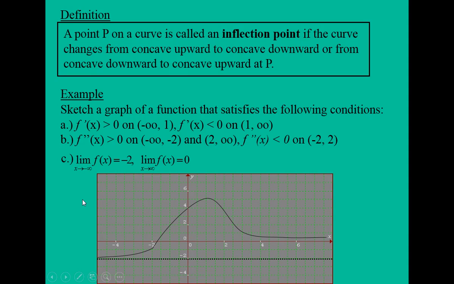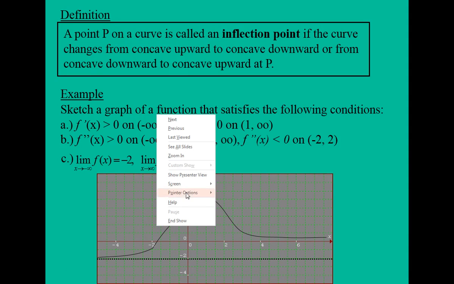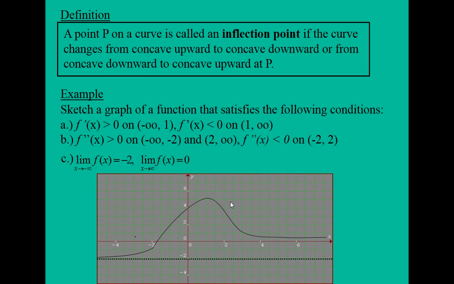Now you may be asking, does it matter if a graph went up like this and then back down like this? And no, it still fits all of the requirements that we have listed in parts A, B, and C.